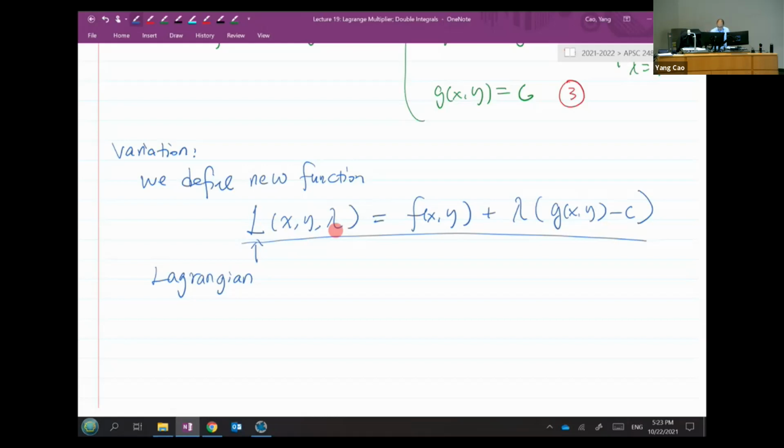Or in other words, you let the gradient of the function equal to 0, right? So you do exactly the same thing, even though this is a function of 3 variables. It really doesn't matter. The first derivative test is always like that. So basically you set the gradient of this function equal to 0. And that's universal, right? When the gradient is 0, it means you have reached a critical location.